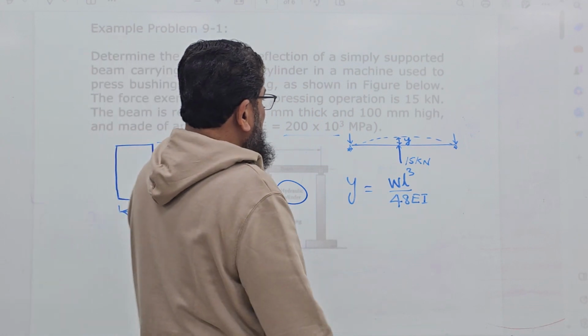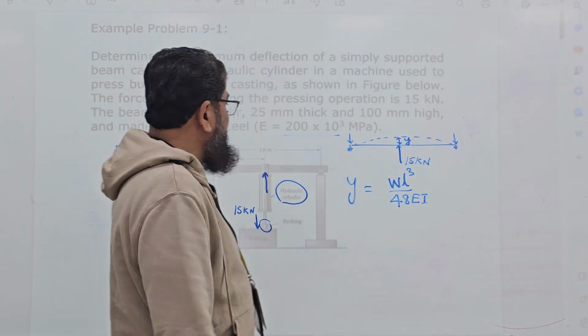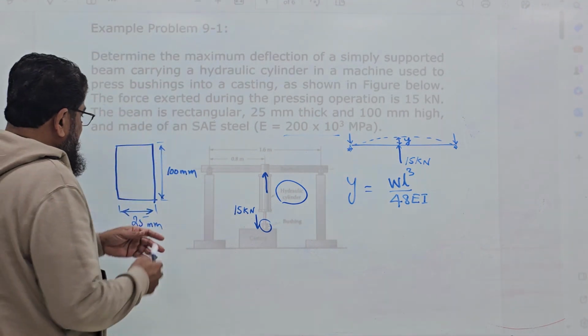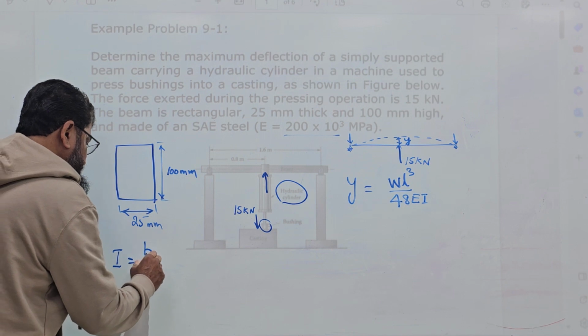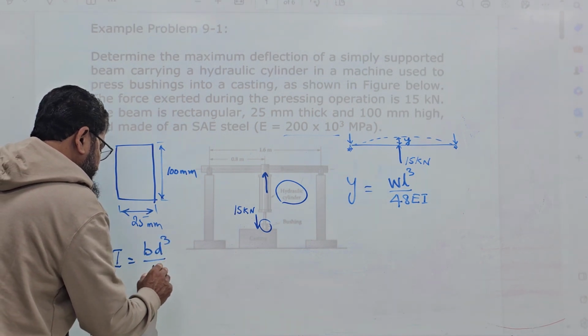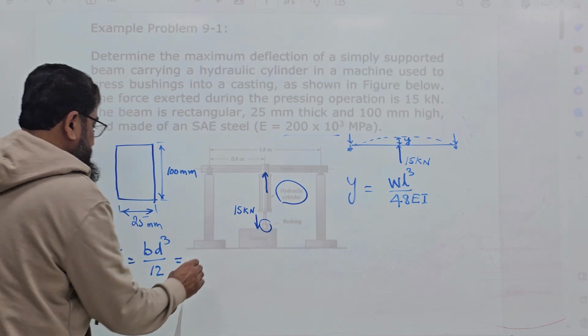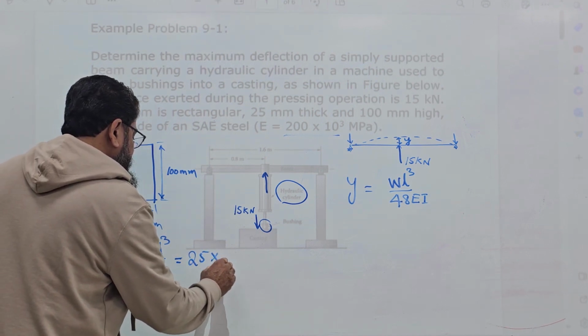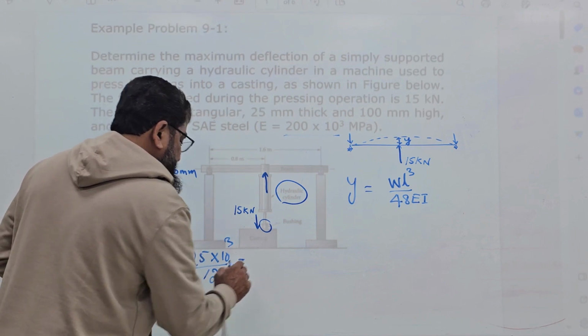Now here E is given in the problem. I have to calculate the value of I. See, I is nothing but b d cube by 12. B is 25 into 10 cube divided by 12. How much is this value?